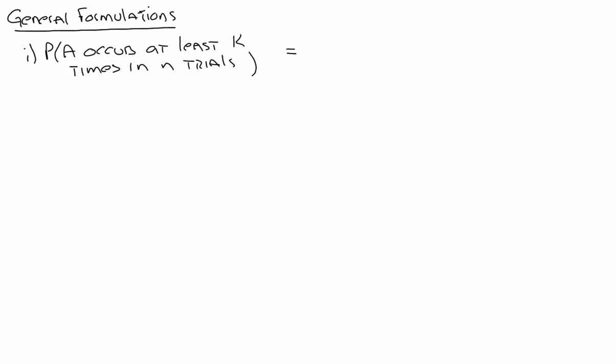I've got 4 I'm going to write down. First one is the probability that A occurs at least k times in n trials equals the summation from i equals k to n of P sub n of i.